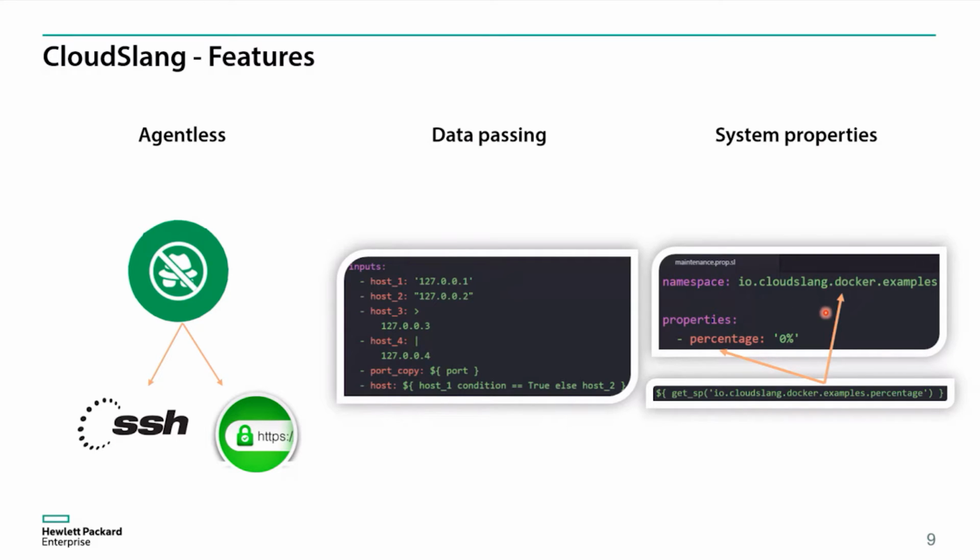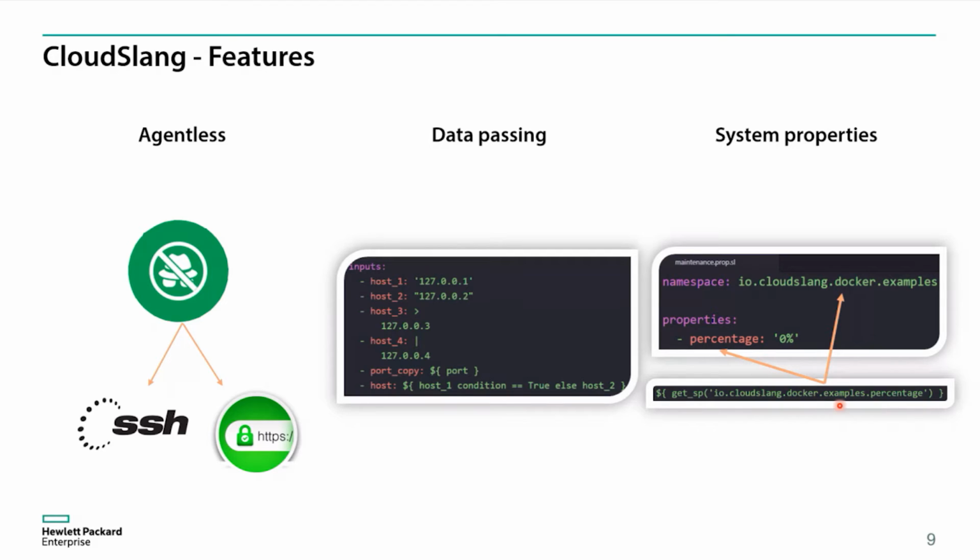The system properties are very easy to use. You can simply define an SL file that contains several properties in it. And then when you want to access a single property, you can just use a custom function that we designed, which is get_sp, and be able to take your particular property.